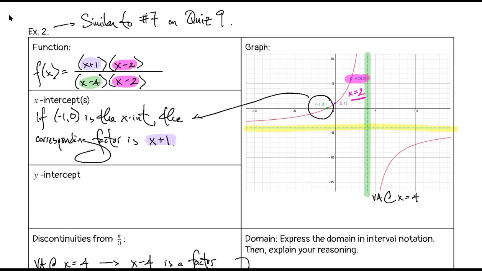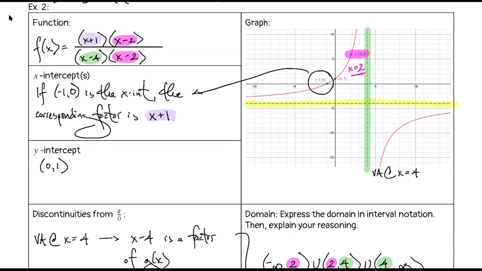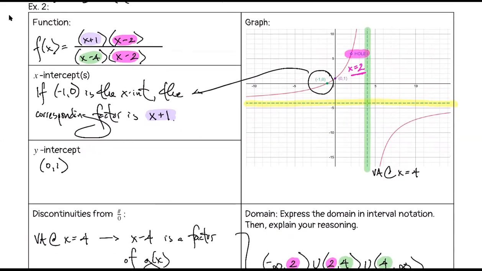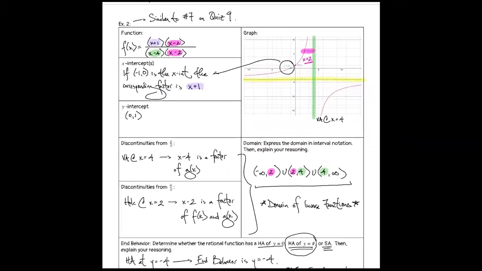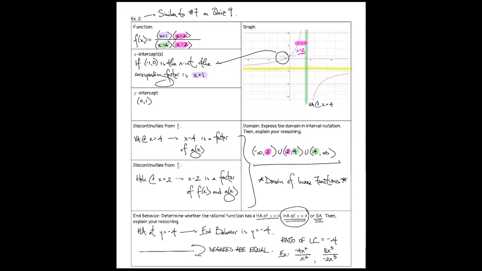All right, now they do also tell us the y-intercept. They tell us that the y-intercept is 0, 1. Does this, the way our equation is written right now, match every single piece of information that we've written down about our function?